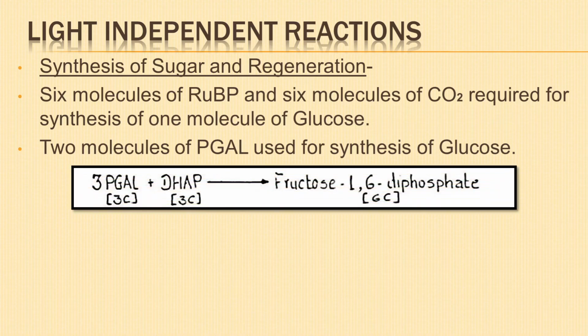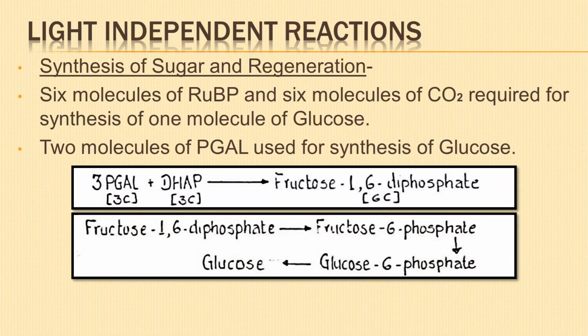A molecule of PGAL and a molecule of DHAP combine together to form a molecule of fructose 1,6-diphosphate. Fructose 1,6-diphosphate forms fructose 6-phosphate, which in turn forms glucose 6-phosphate, and finally glucose is formed after dephosphorylation.